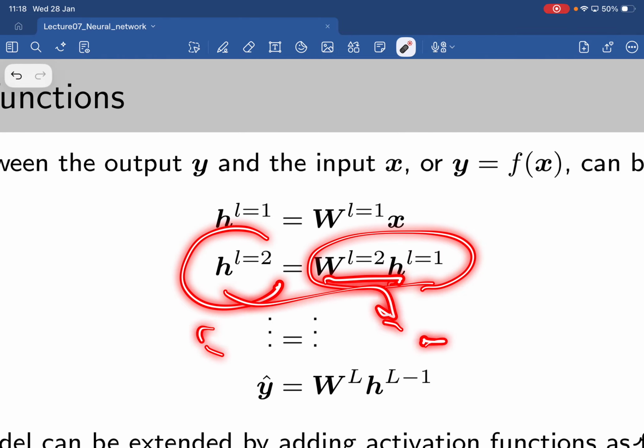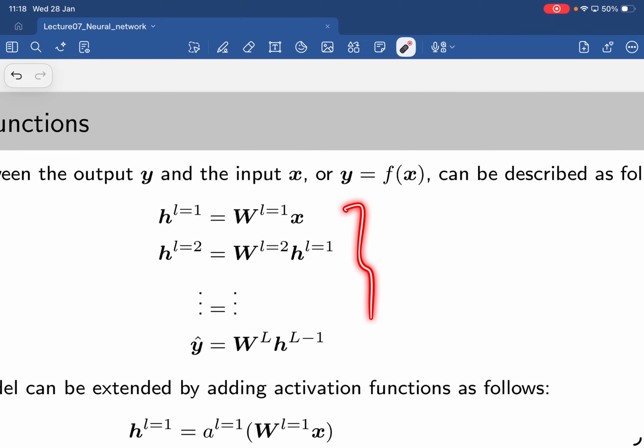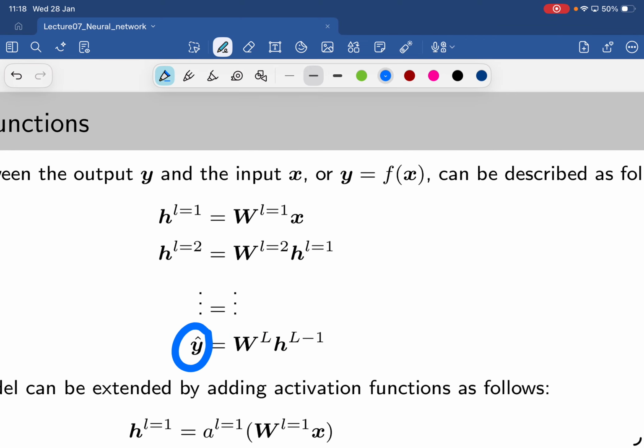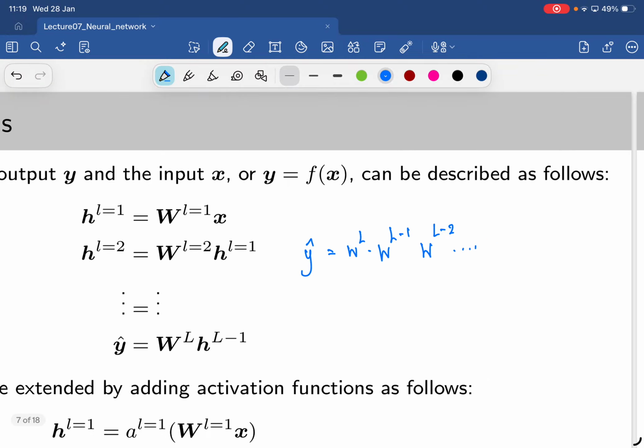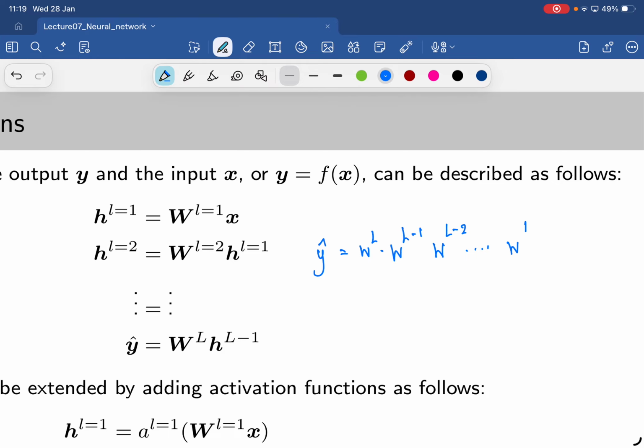In fact, if you write the whole entire function together, your output y hat will be equal to W_L times h_(L-1), and in fact this is W_L times W_(L-1) times W_(L-2), up until W_1 x, right?